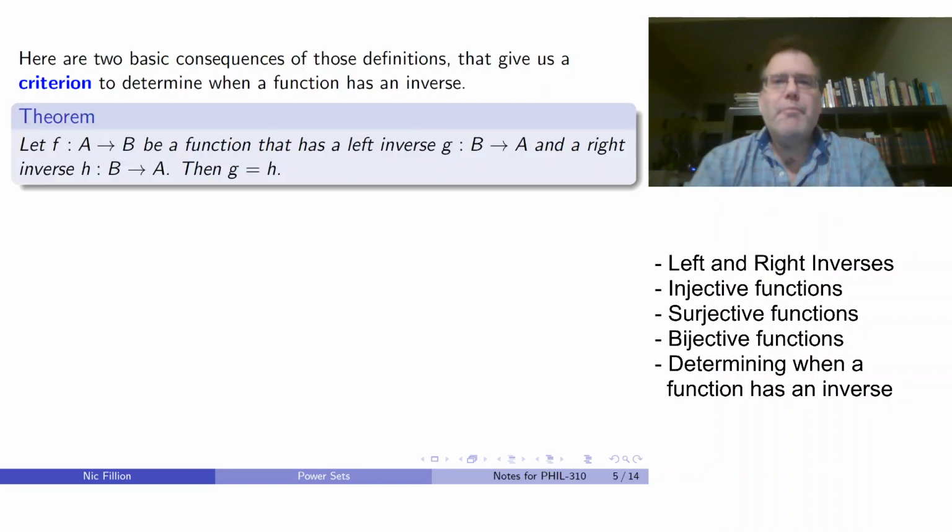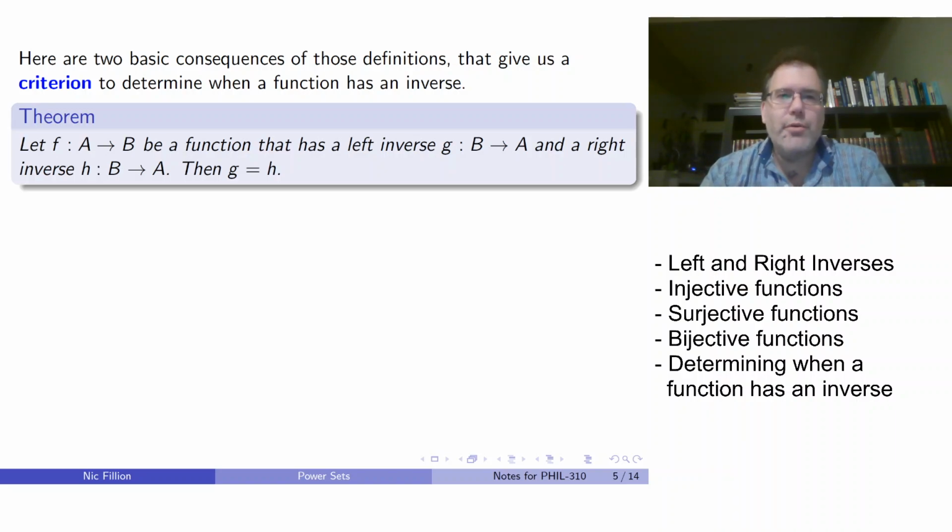So based on those two very basic definitions of left and right inverses, we can start building our criterion to determine when a function has an inverse, full stop, an inverse simpliciter, as we defined in the last lecture.